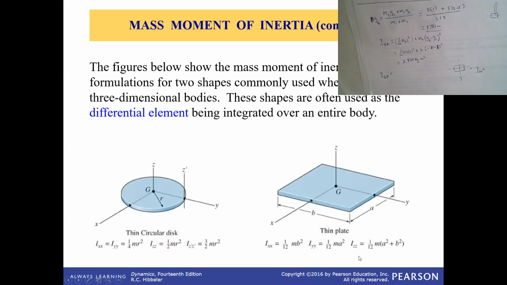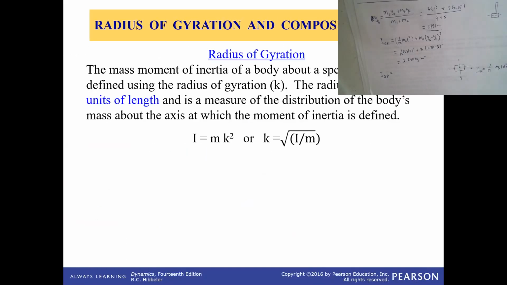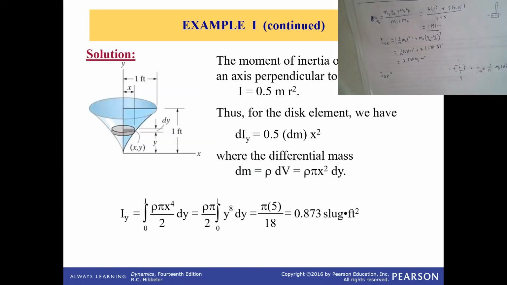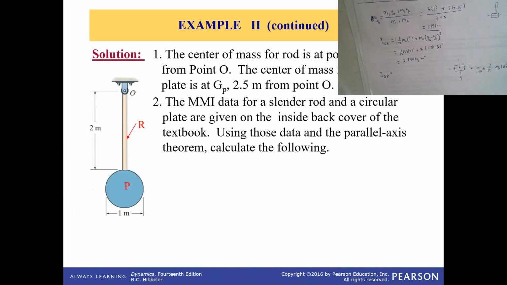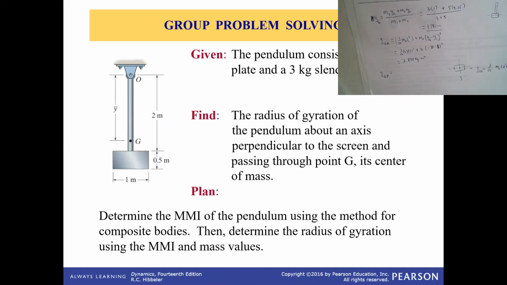So I with respect to the z axis for the plate is going to be 1 over 12 times the mass of the plate times a squared plus b squared. You can take that one and apply it to what we have here. Or fundamentally, you can take a very thin horizontal slice from the plate and integrate through the vertical, the y.